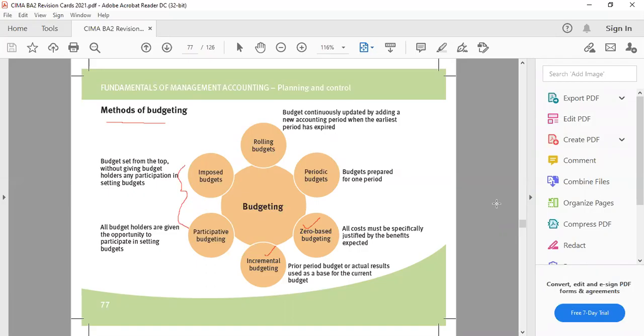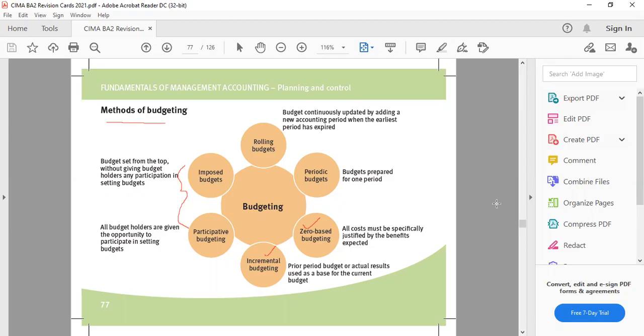So they include a higher amount as the budgeted figure. In this way, inefficiency creeps in. There are loose standards included in the budget, which we call budget slack. That is a disadvantage of the participative style of budget.